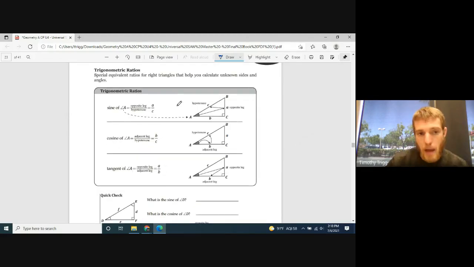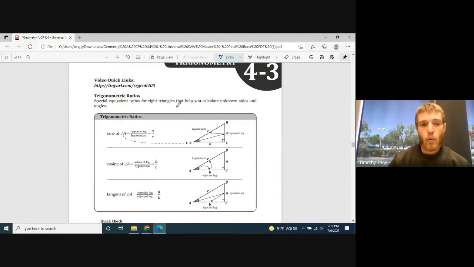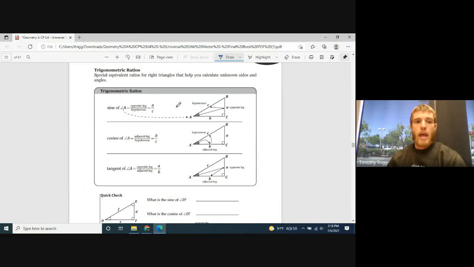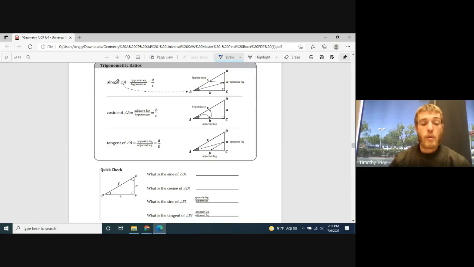Next, we're going to talk about some trigonometry. So now we're on section 4-3, and we're going to talk about some trigonometry. So the first one we're going to talk about, there's 3 trig functions here. So sine, cosine, and tangent.